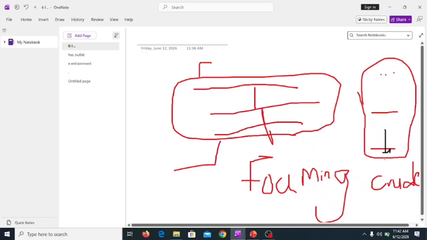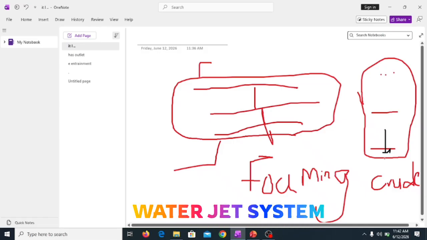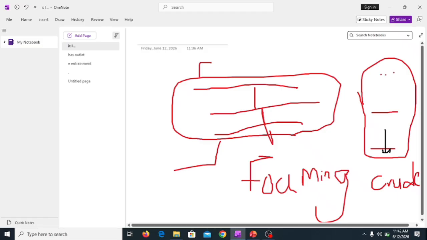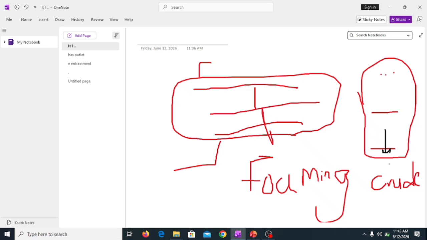What we use to remove solid particles is called a water jet system. So it can easily settle down if the separator is vertical, and it will be removed by a water jet system. So that is the difference between vertical and horizontal separators.